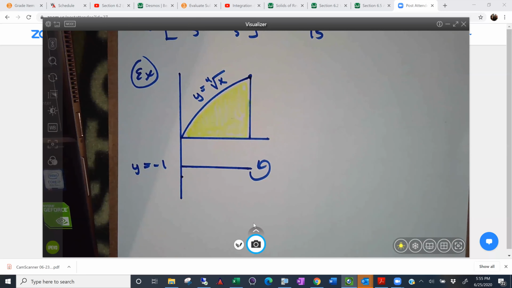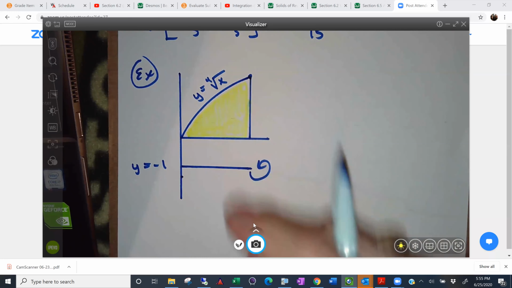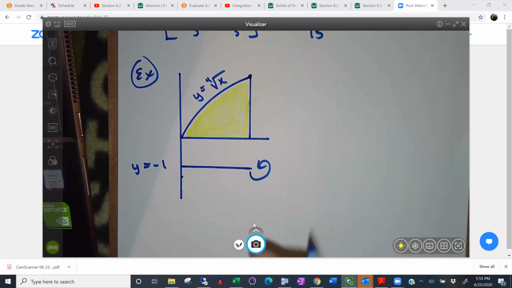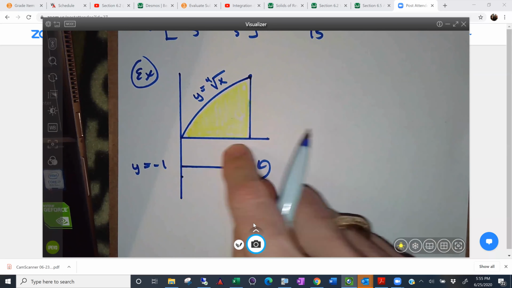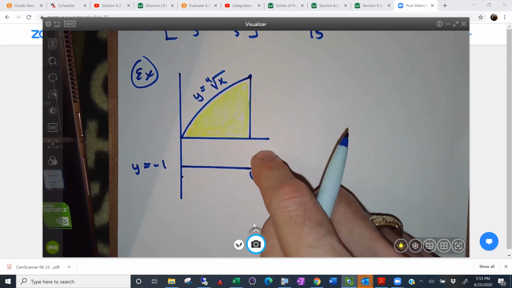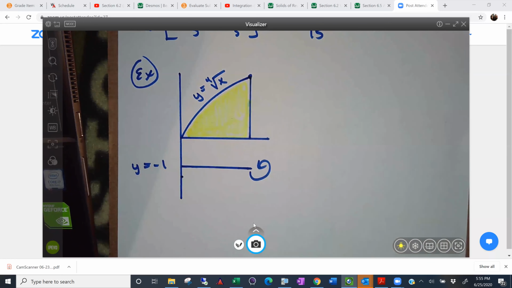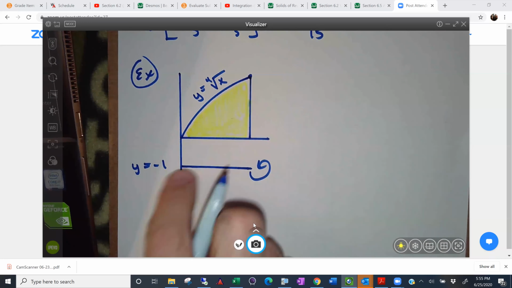So what you're going to get when you rotate this around is kind of like a volcano. If you were to take a cross section of it, you'd have a big pipe or throat in the middle of it and a volcanic shape on either side. That's what it would look like if you rotated around this axis.